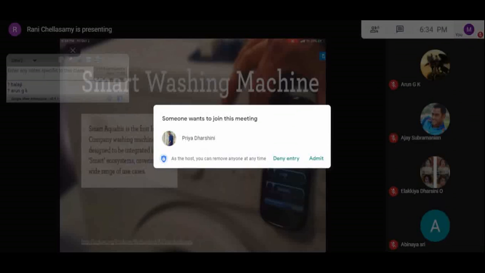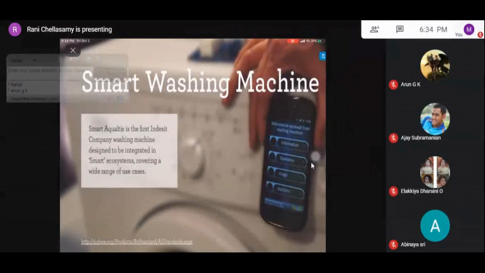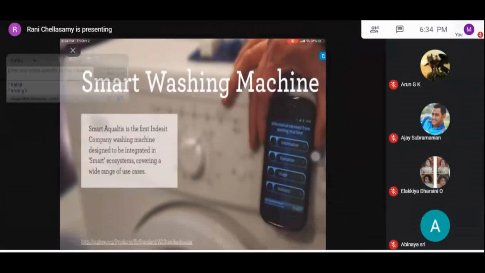The users can reserve, schedule, monitor and pay for the services from their phones. Each washing machine is connected to the cloud and can be individually managed from the application. The wash application will also assist the user throughout the washing process.